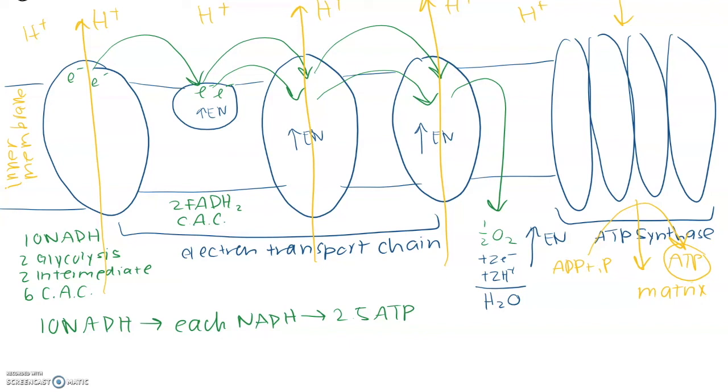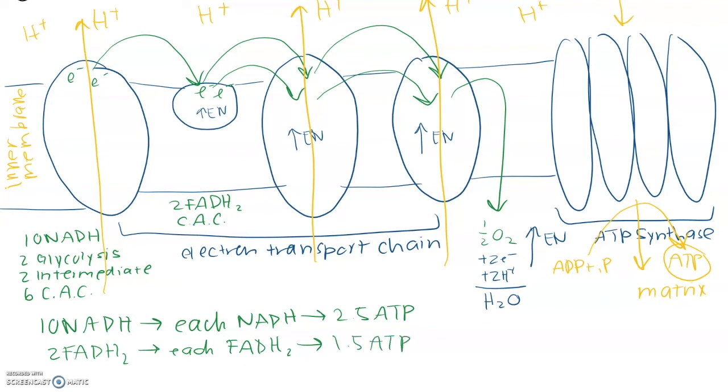For FADH2, again, we have 2 of them at the end. Each FADH2 can make, well, this is from our textbook, about 1.5 ATP.